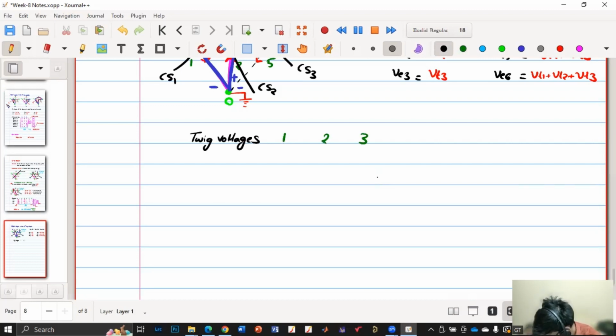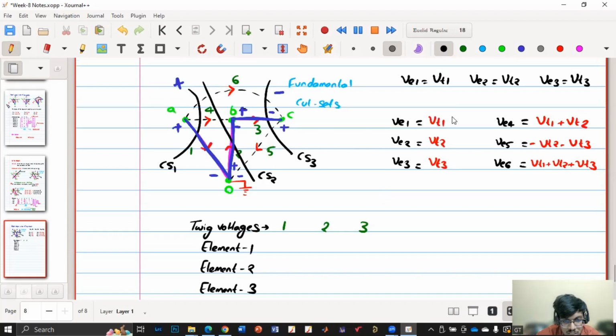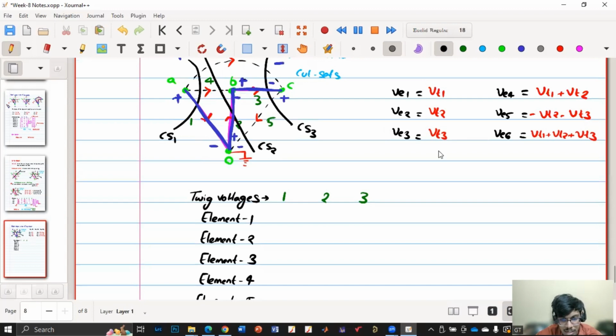Vertically it will be element 1, element 2, element 3, element 4, element 5, element 6. For element 1, element 2, element 3, it will be an identity matrix because it is VT1, VT2, VT3.